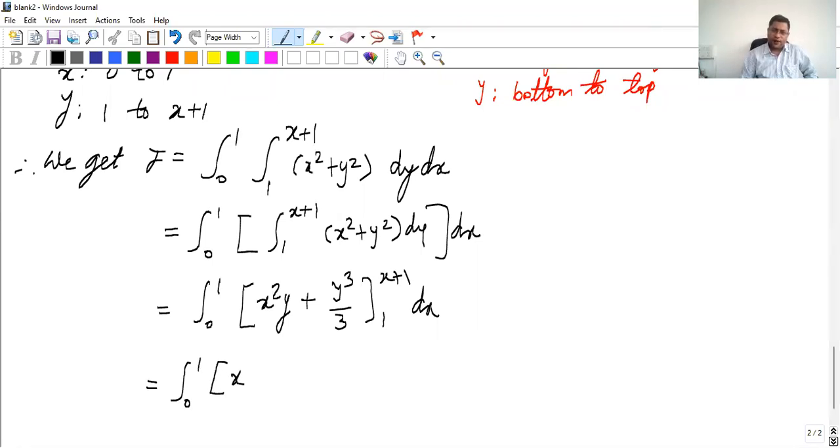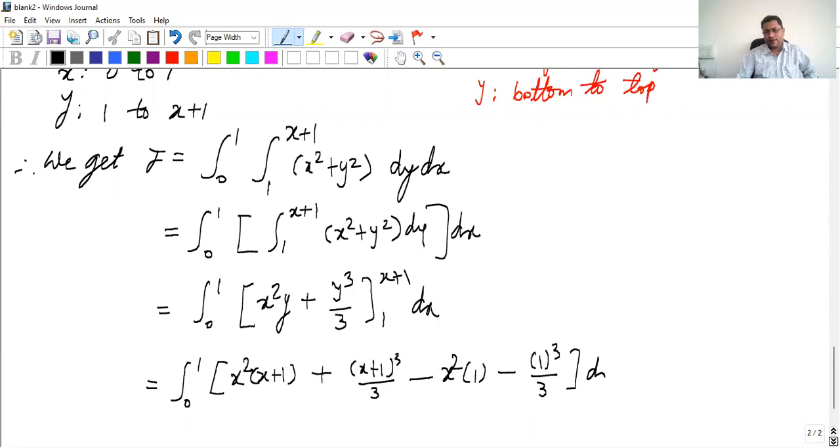We have x square into x plus 1 plus we have x plus 1 cube by 3. This is the upper limit minus lower limit. So it will be x square into 1 minus 1 cube by 3. And this is dx.